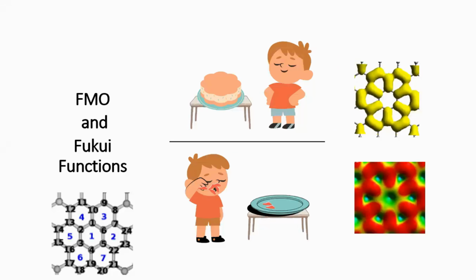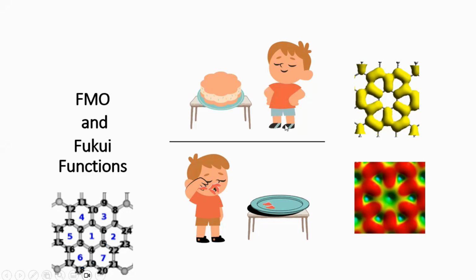Now let us try to understand the frontier molecular orbital and the Fukui function. Imagine you have some molecule. This is nothing but a small portion of graphene or the upper portion of a graphite layer.